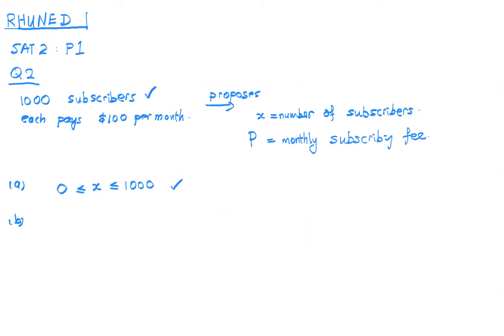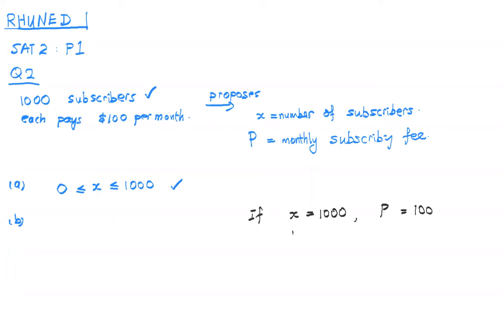So in this case, it goes like that. Okay, so I'm going to explain how to do part B. That is how I analyze. If X is equal to 1,000, the subscribing fee per month will be 100 for each.